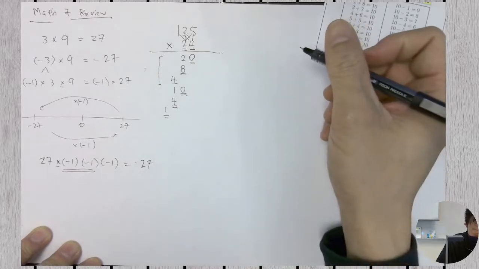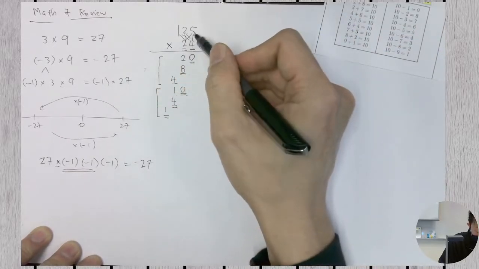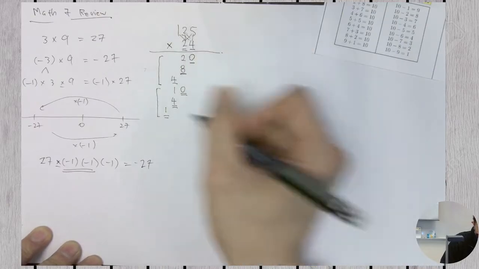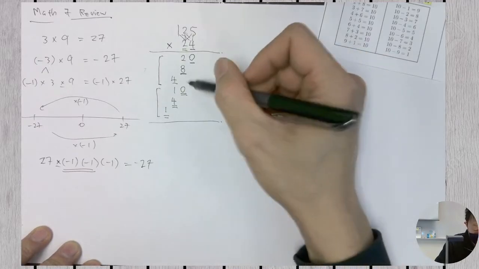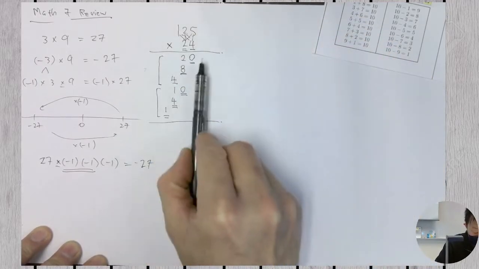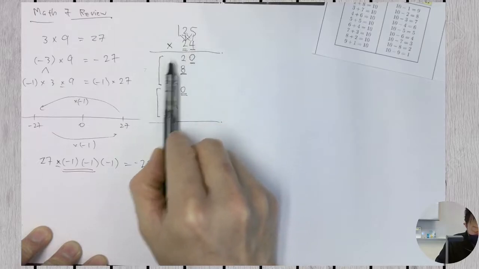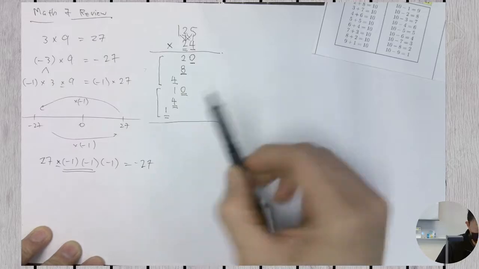This is the result of 2 times 5, 2 and 1. Then all you have to do is add the numbers downwards. When you write this, make sure they line up, a column, a column, a column. If your handwriting is not neat enough, you will not be able to do this.